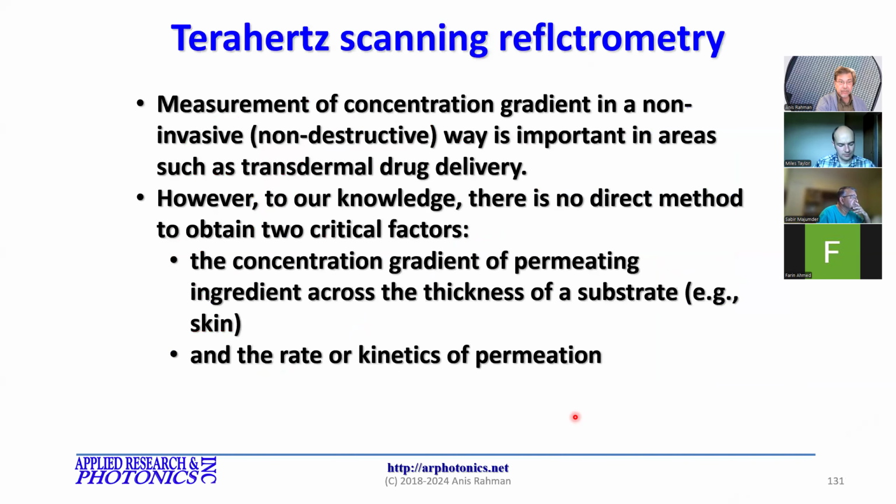But here, what we are going to do is measure the permeation of analytes into the skin in real time. That's the goal of this part. So measurement of concentration gradient in a non-invasive or non-destructive way is important for transdermal drug delivery.